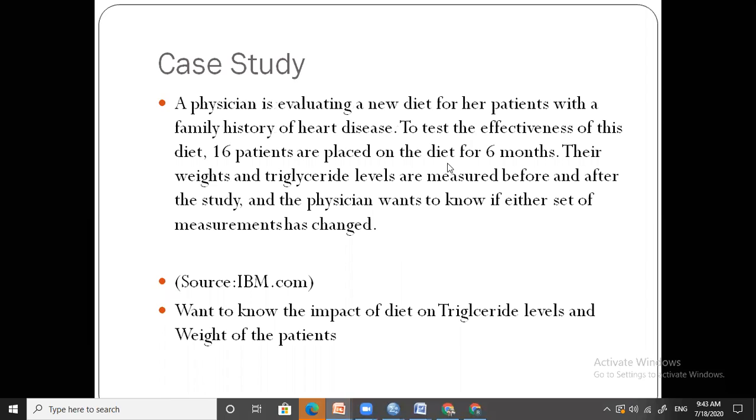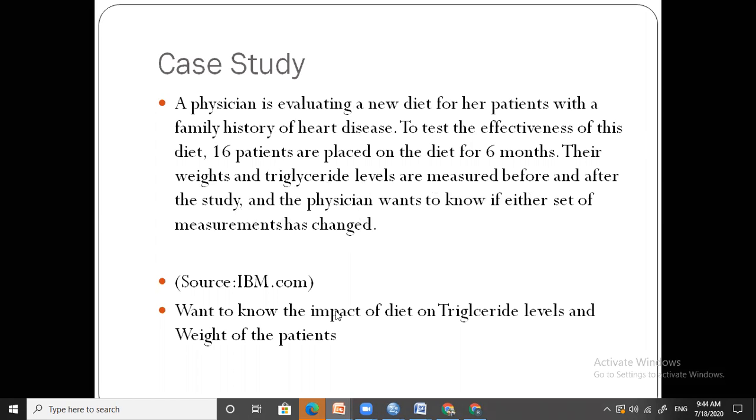A physician is evaluating a new diet for her patients with a family history of heart disease. To test the effectiveness of this diet, 16 patients are placed on the diet for 6 months, and their weights and triglyceride levels are measured before and after the study. The physician wants to know if either set of measurements has changed or not.